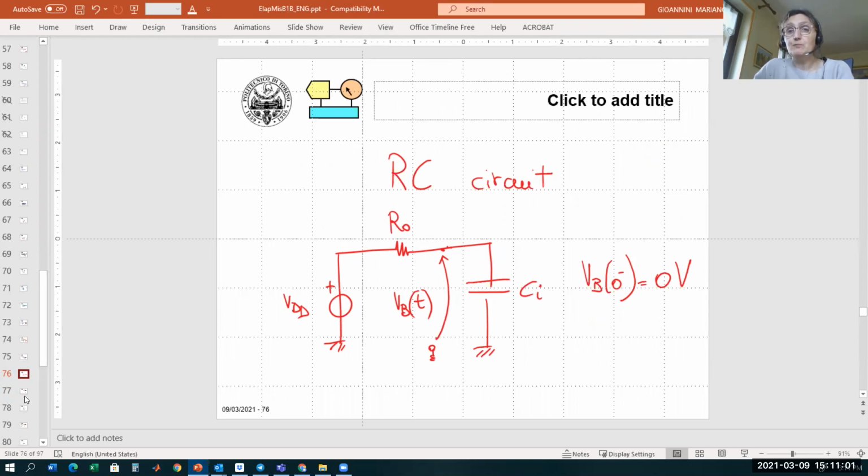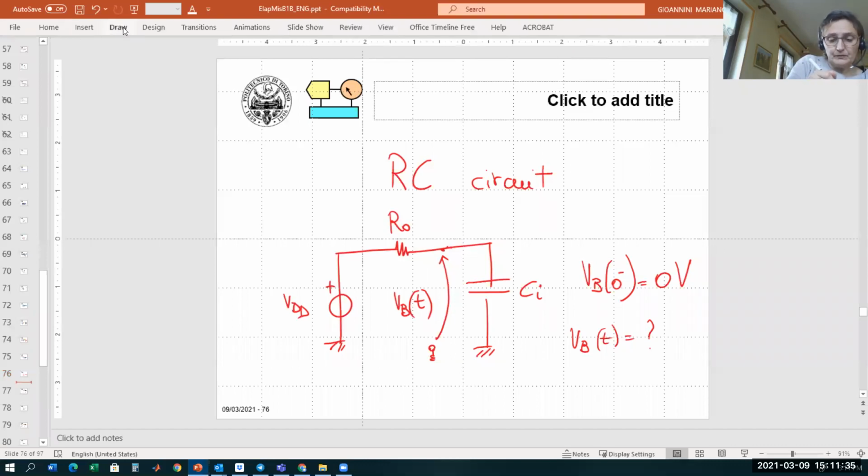What do we expect? Let's plot VB(t) as a function of time. Is it increasing linearly? Is the transient linear, so it's just a straight line? No, it's not linear, it's exponential.